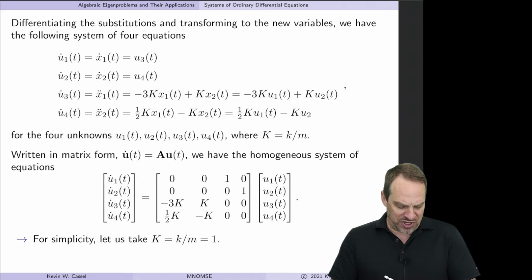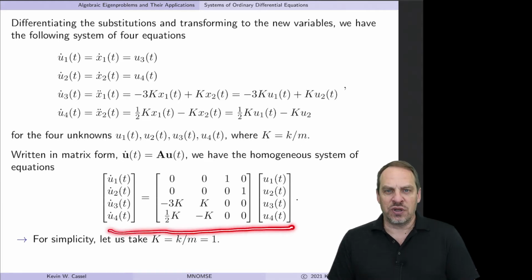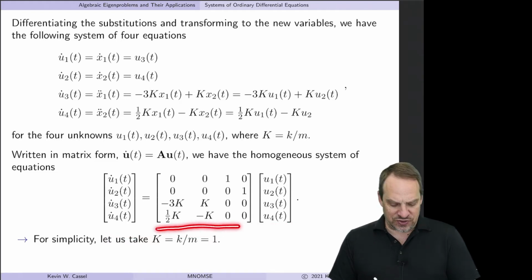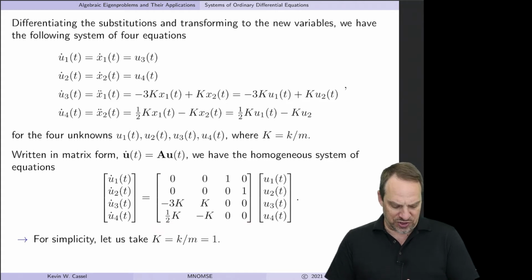And we can write that in matrix form here. You can see that it's homogeneous. There's no F terms. And so we get a 4 by 4 system of coupled first order equations. You'll notice that this is not a symmetric matrix. It normally is not when we do these sorts of transformations.